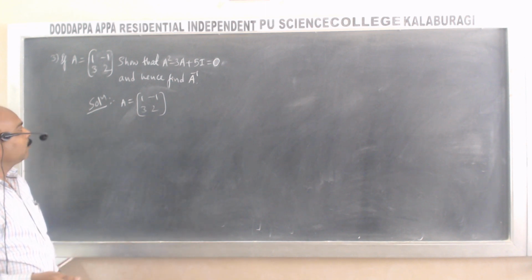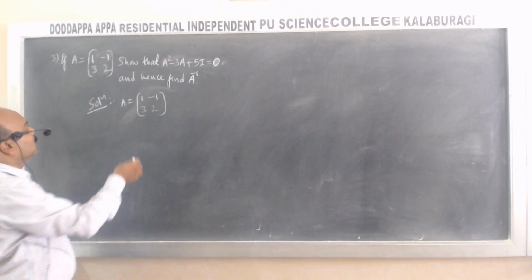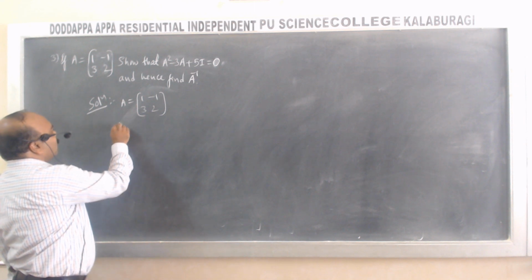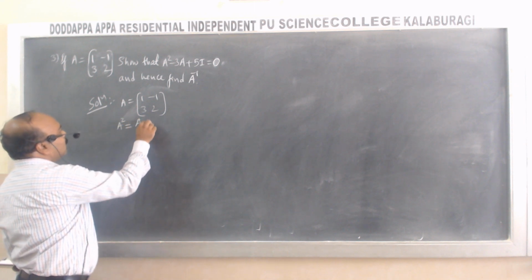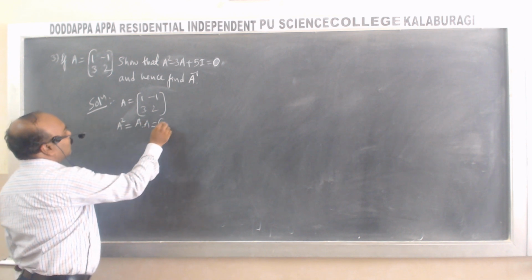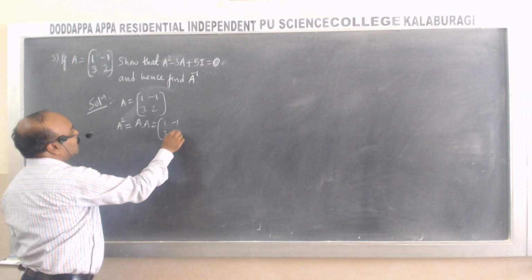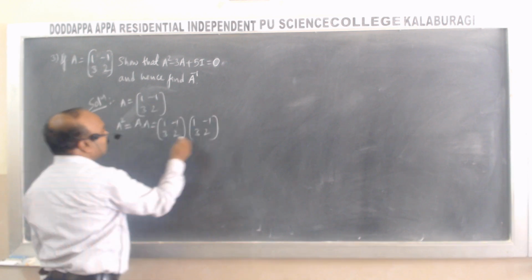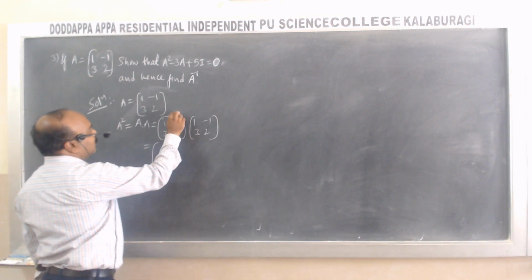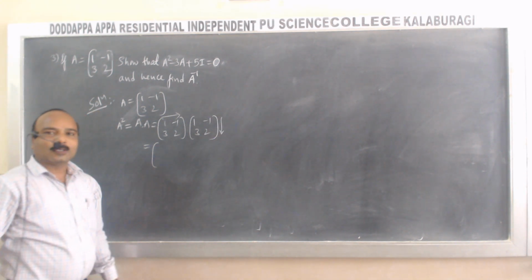Next we go for the A square value. A square is given by A into A, it is equal to 1 minus 1 3 2, again 1 minus 1 3 2. We start multiplication of these two matrices, row with column.